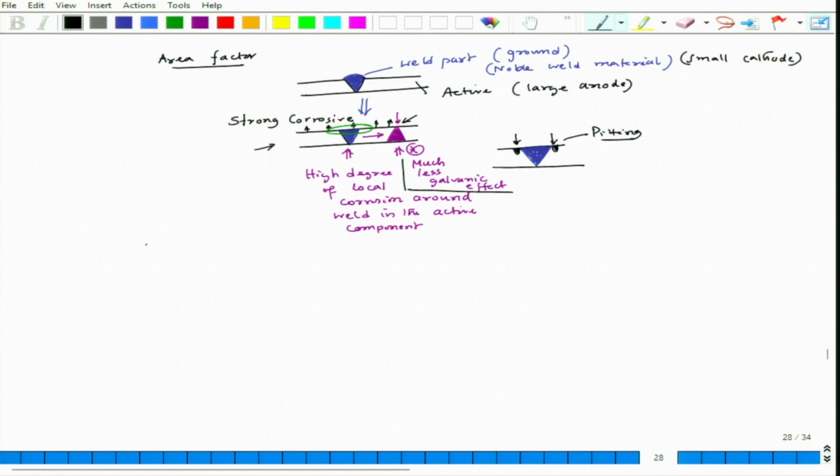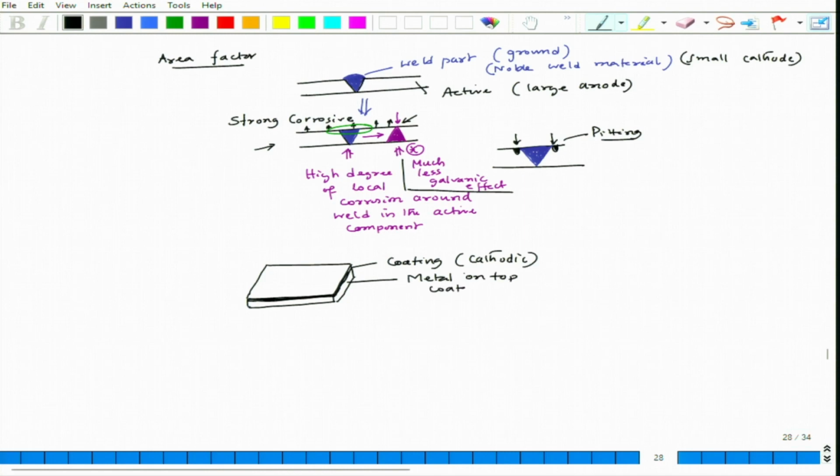Now, let us take another example. Let us say we have a component, and on top of it we have a coating, let us say this is my coating area, and this coating is cathodic to the metal on top of which the coating is done.